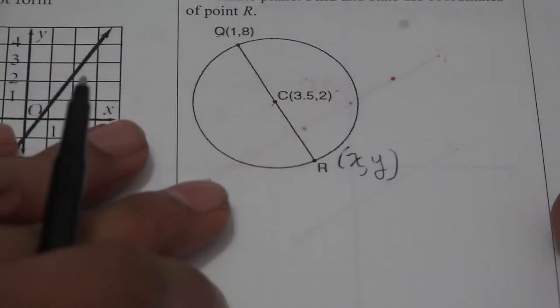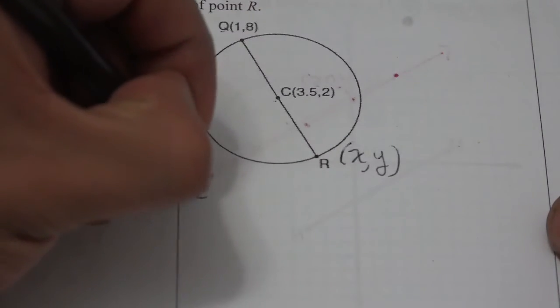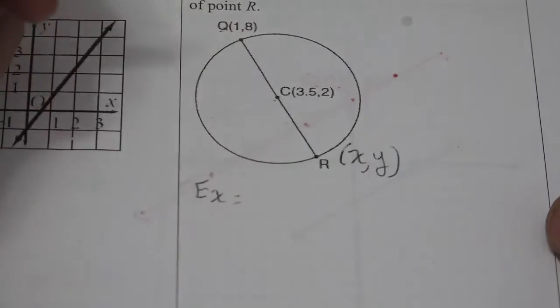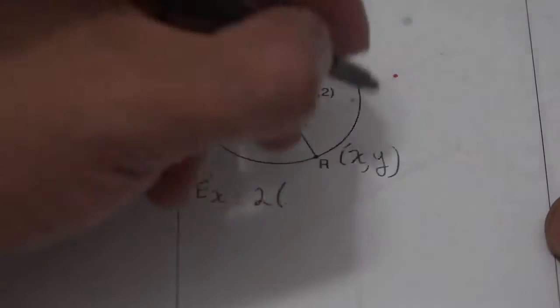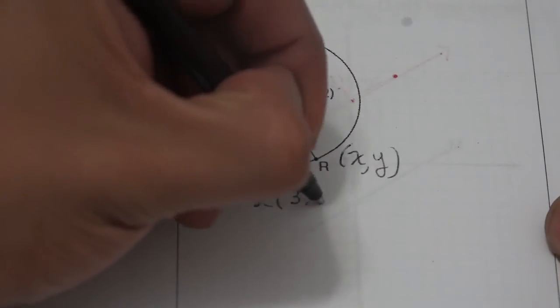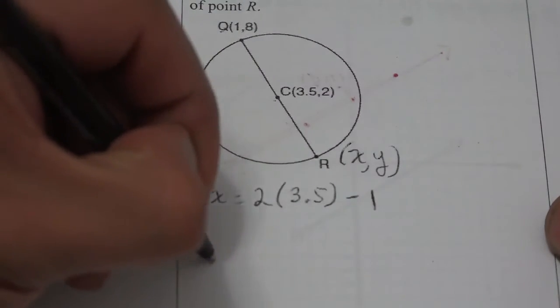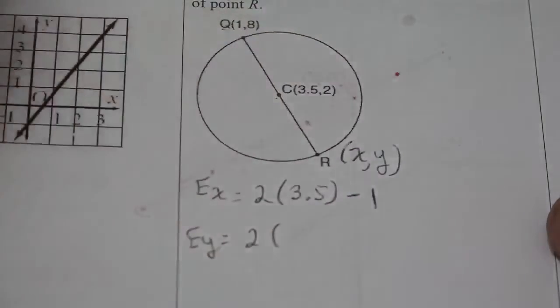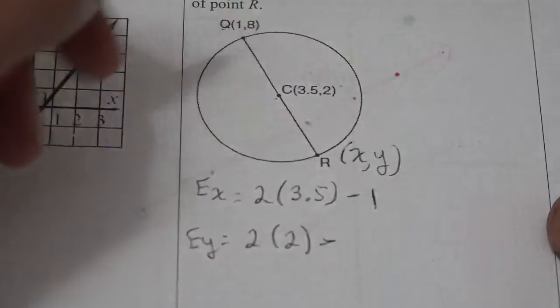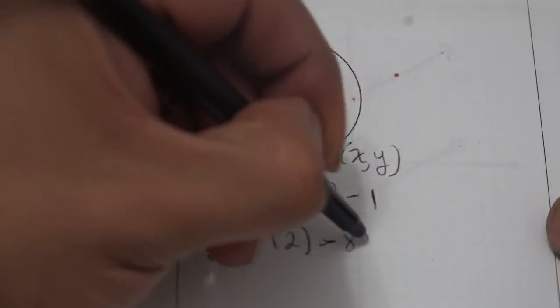So I'm going to start with the endpoint of x. Multiply by 2 the midpoint of x, which is 3.5, and subtract the x component, which is 1. For the endpoint of y, multiply by 2 the midpoint of y, which is 2, and subtract the y component, which is 8.